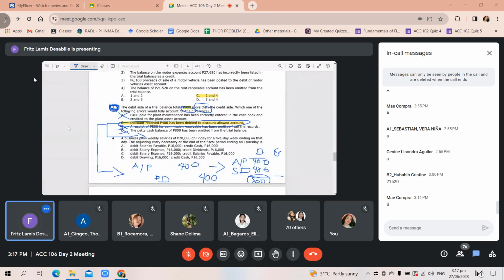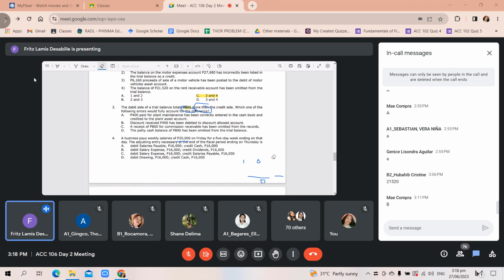So number 4, a business pays weekly salaries of 20,000 on Friday for a 5-day week ending on that day. The adjusting entry necessary at the end of the fiscal period ending on Thursday is how much? Common ni siya nga question.